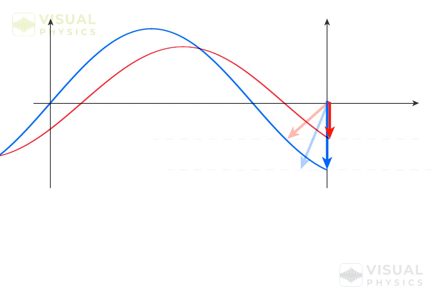And graphically, current will be shifted towards the right by a phase of phi.